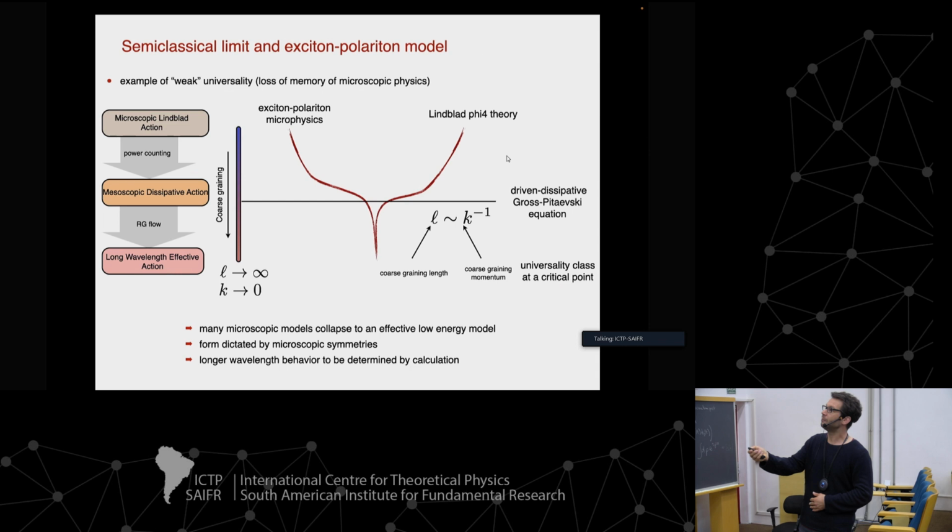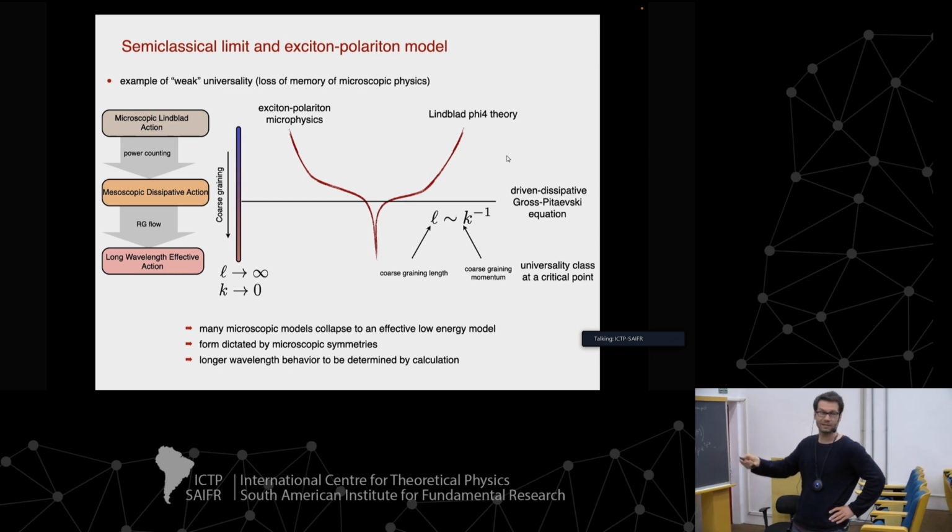And we could coarse grain this to the very same description at mesoscopic scales. At these intermediate scales, both the exciton-polaritons and this Lindblad phi-4 theory collapse onto the same driven dissipative Gross-Pitaevskii equation.